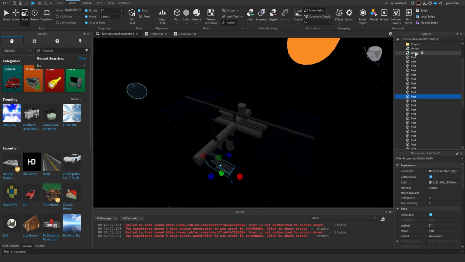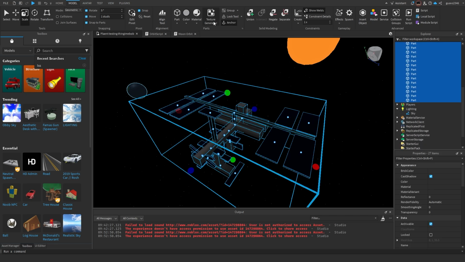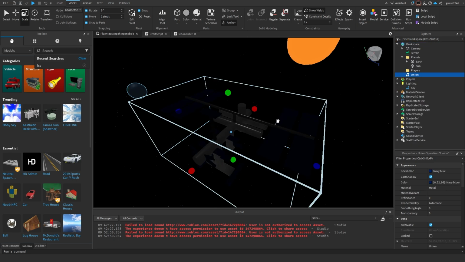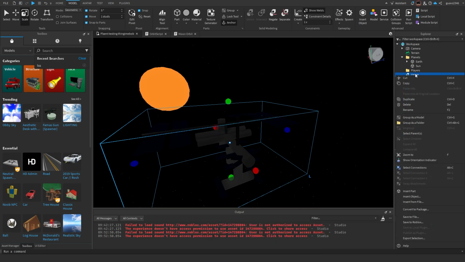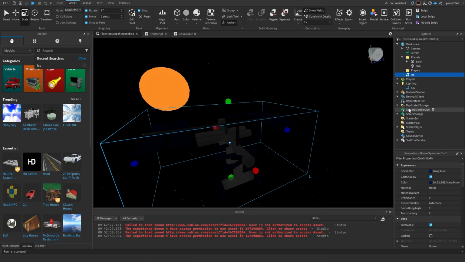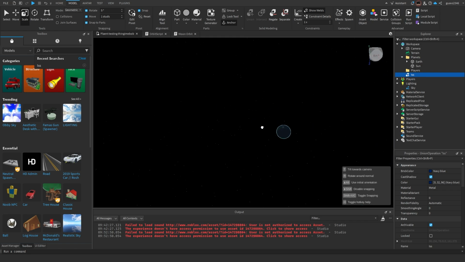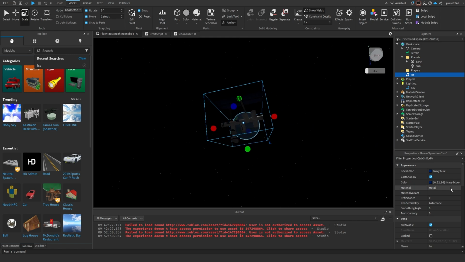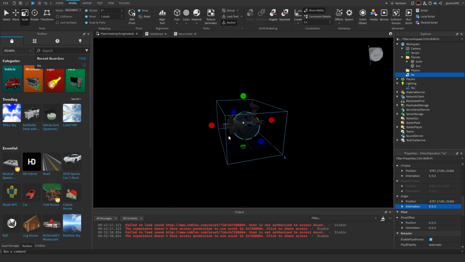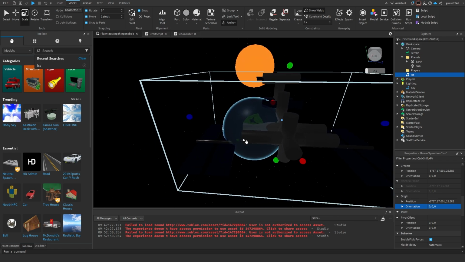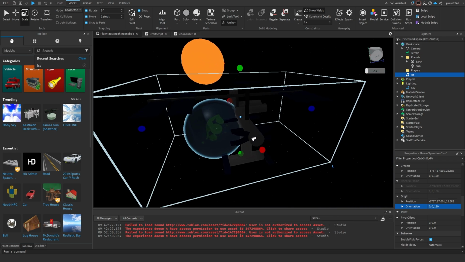Okay, and we union all of this together so it stays in one piece. And then we call this ISS. And then right by the Earth, let's do its orientation 0, 0, 0. Oh, wrong side. Okay.